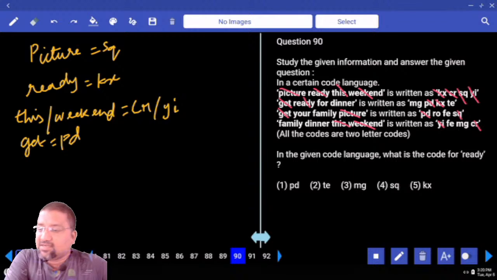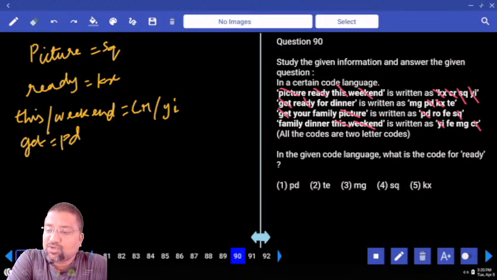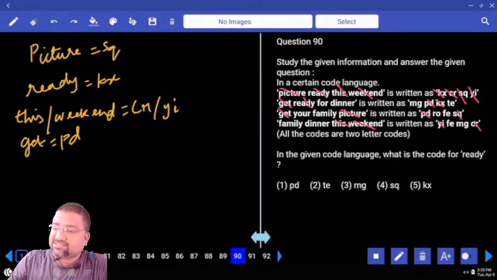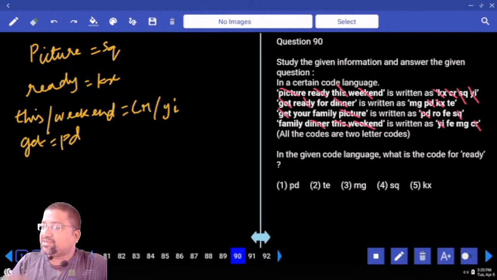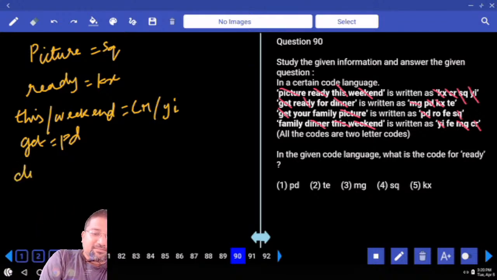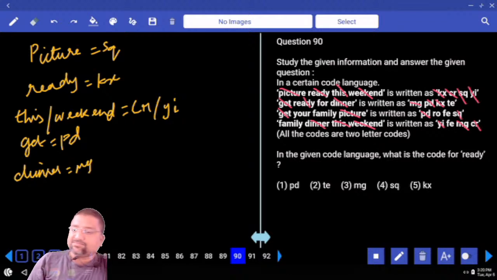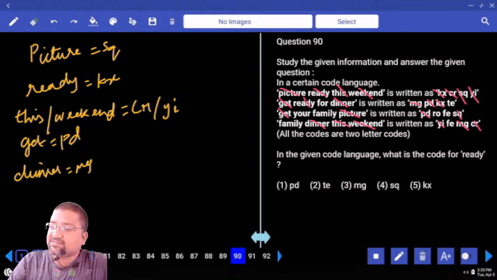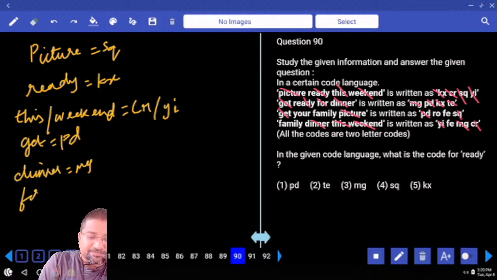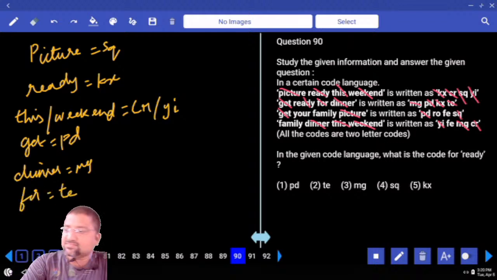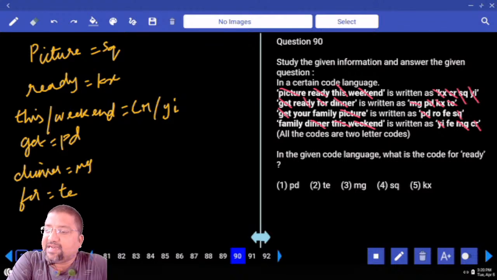After get for, do you see for anywhere else? No. But do you see dinner? Yes. Dinner in the second and dinner in the last. MG or TE. So it should be MG. Dinner is equals to MG. Automatically for is T. Your family.